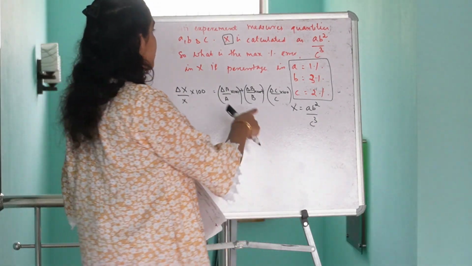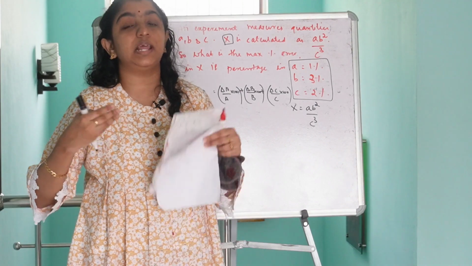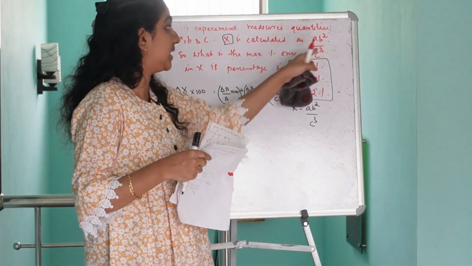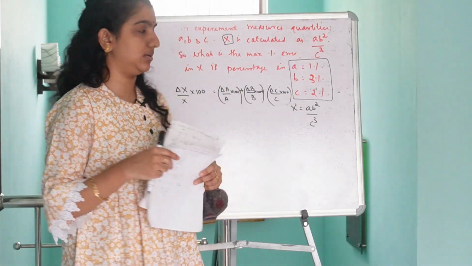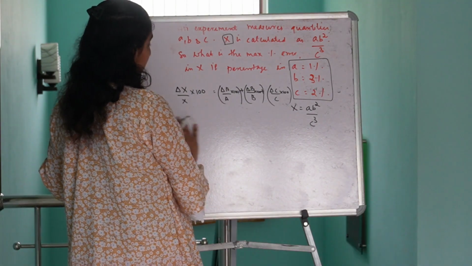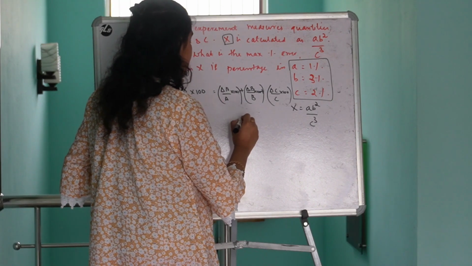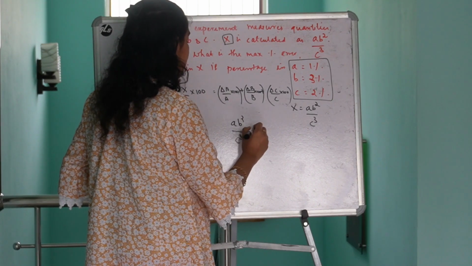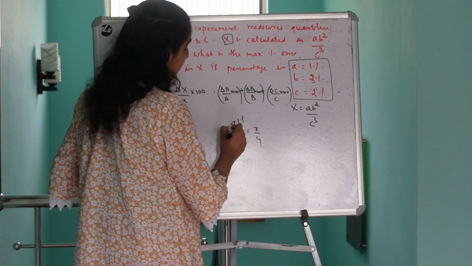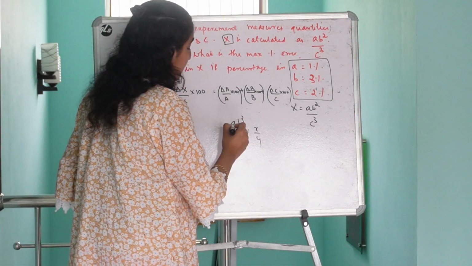Yes. Now let's find what is the relative error in individual measurements. Relative error in A. Here we have three terms. First we can say AB square divided by C cube is in X by Y form. That is, we are dividing AB square by C cube.